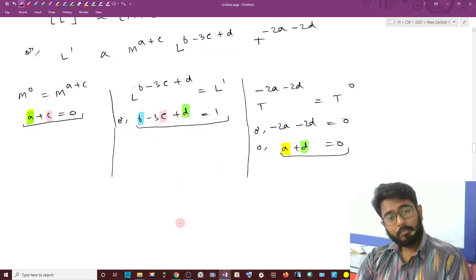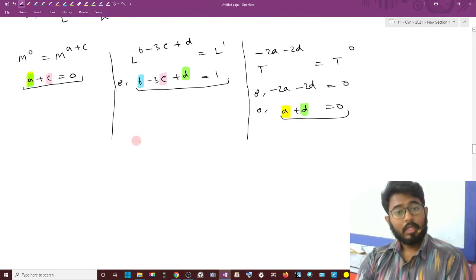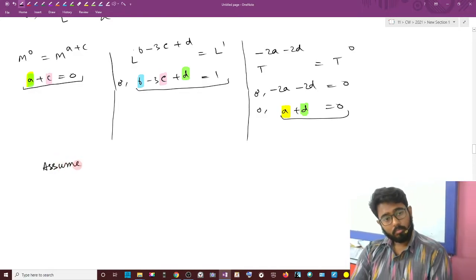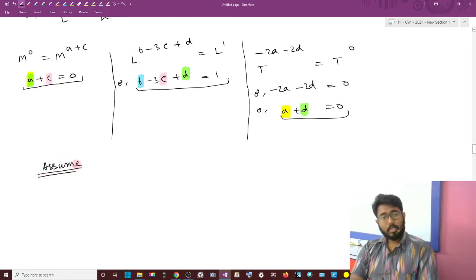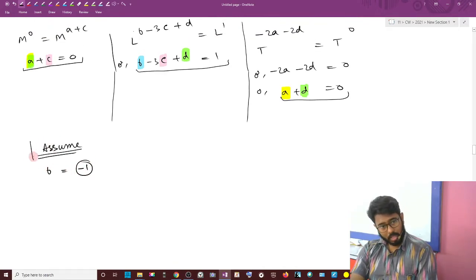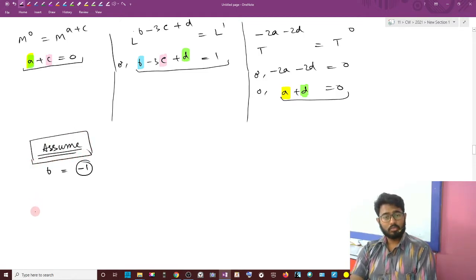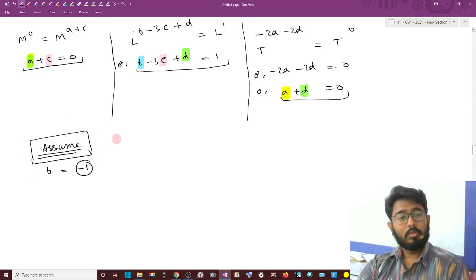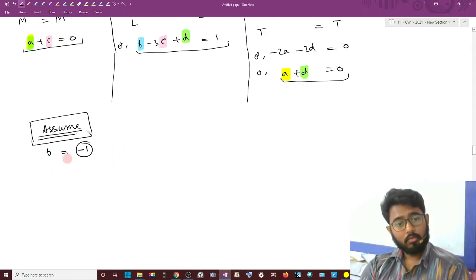See, now if I just assume b equals to minus 1, I am assuming, I am not doing anything. If I assume b equals to minus 1, then what are the equations I am getting? a plus c equals 0.